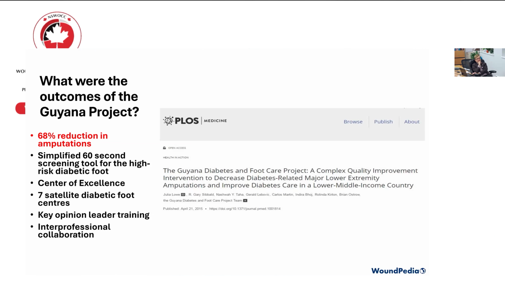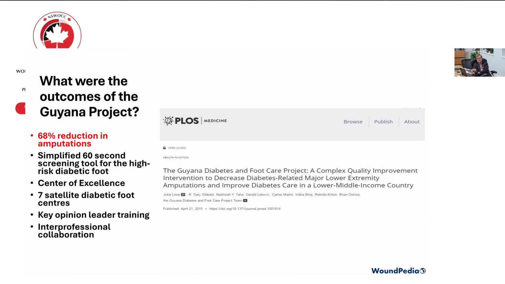We had the simplified screening tool. We had 7 satellite diabetes foot centers around the country, but the Georgetown Hospital was the only place the amputations took place. We had 15 individuals, doctors, nurses, and rehab assistants train in the International Interprofessional Wound Care course.